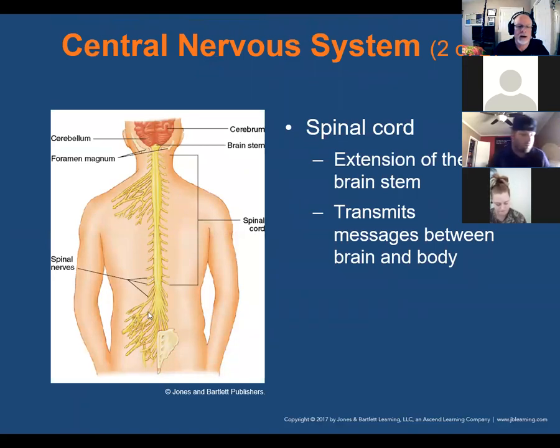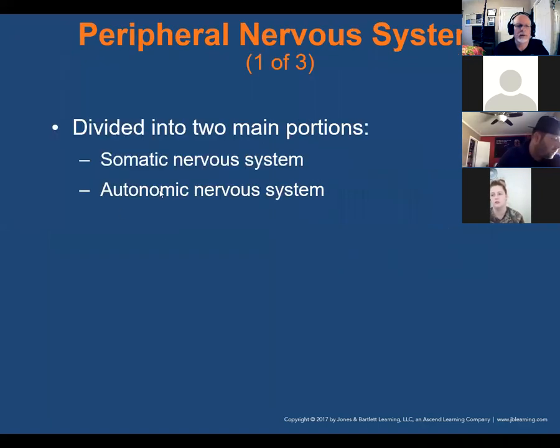Spinal nerves come off of the spinal cord funny. It looks like those suckers come off right there around each vertebra, right? And you'd be correct if you thought that. Okay. Somatic nervous system, you have conscious control over.